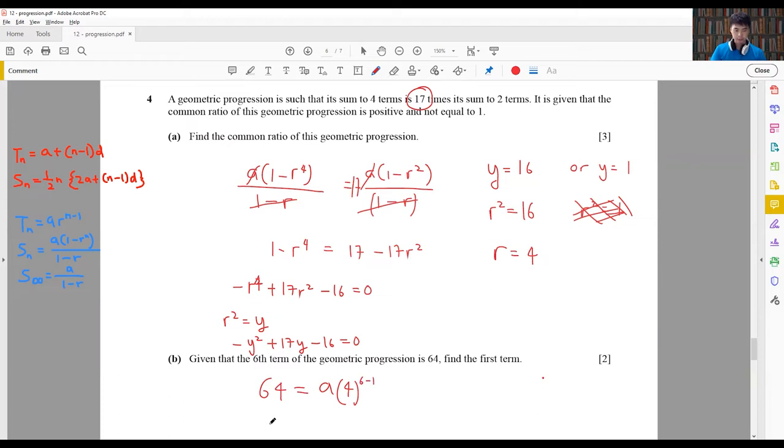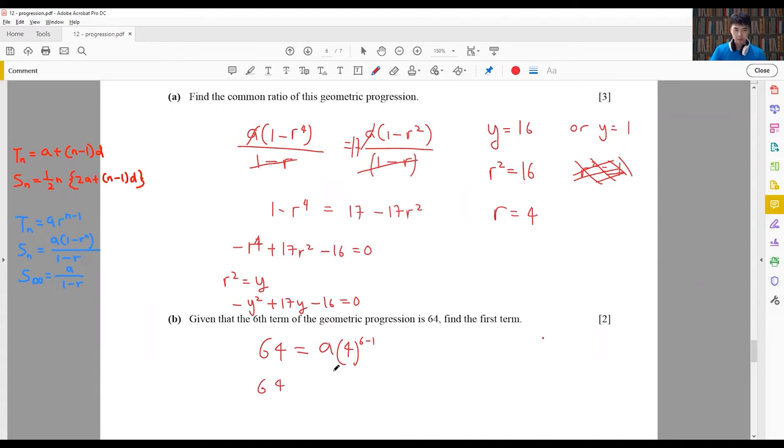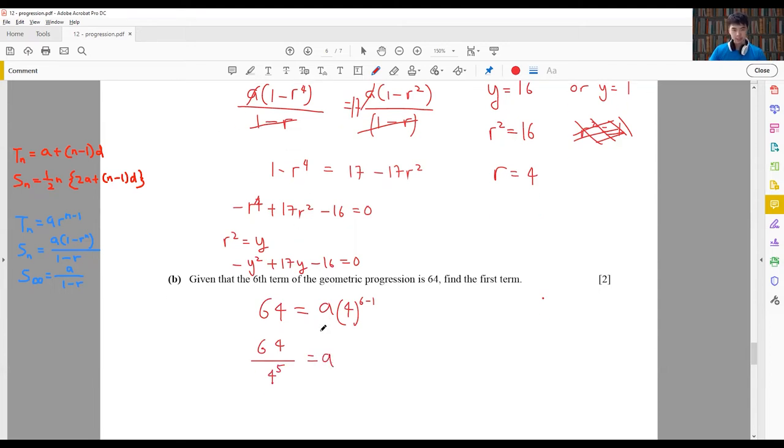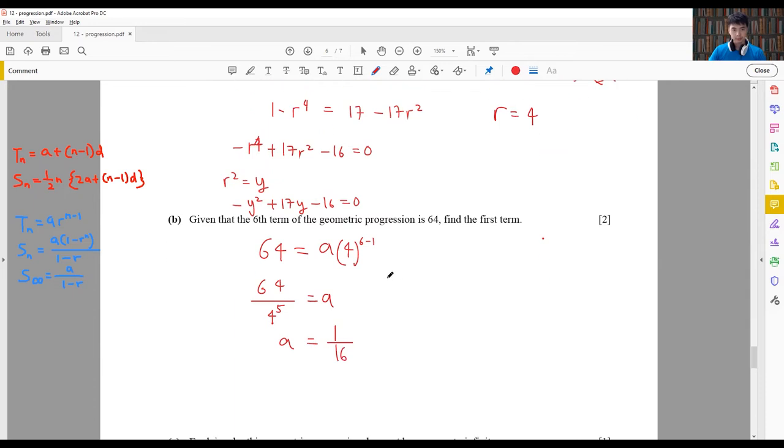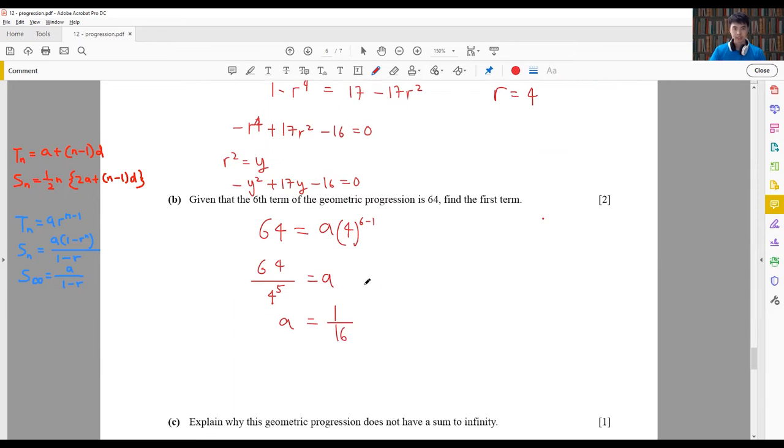So a is equal to 64 over 4 to the power of 5. Typing that into your calculator, a would equal 1 over 16. a is equal to 1 over 16, and that will be your answer, finding the first term.